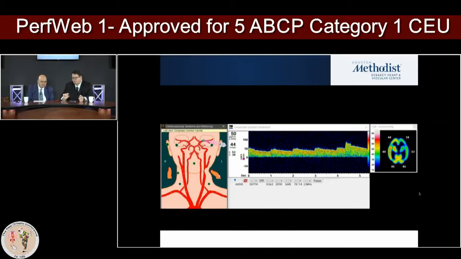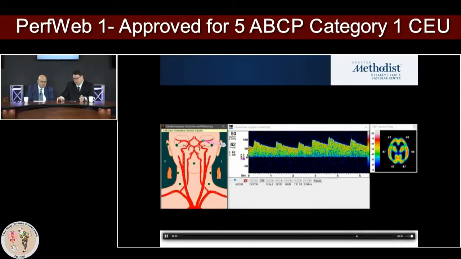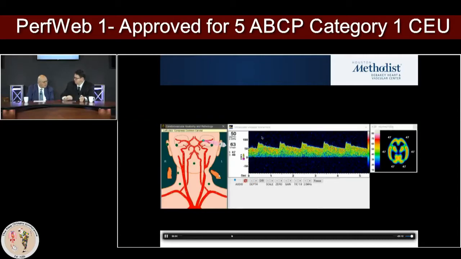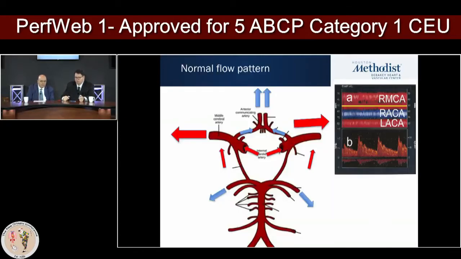That flow change tells you there's something between your measurement point and the heart which is blocking your flow. The systolic upstroke on the TCD waveform assures us that between your measurement point and the heart, definitely there's no blockage. And I think that's pretty cool basic information that we're getting.